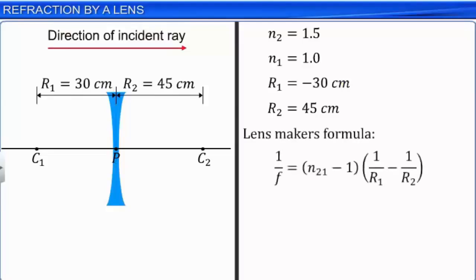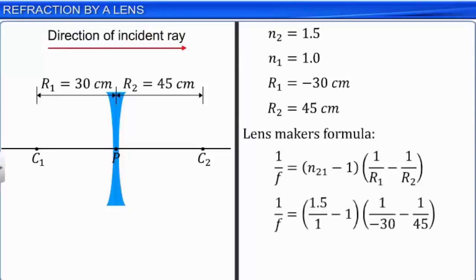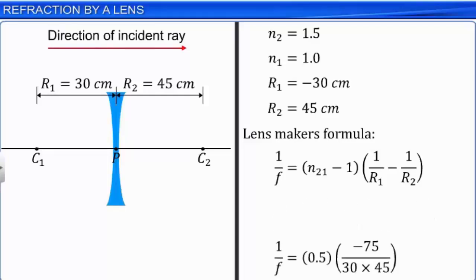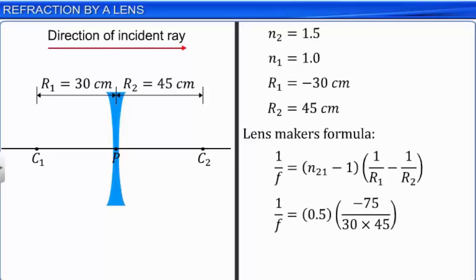What happens if the lens is placed in a liquid of refractive index 1.75? Now, N1 is equal to 1.75 and all other values remain same.